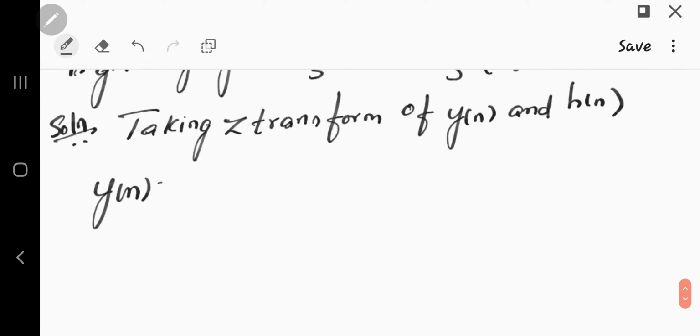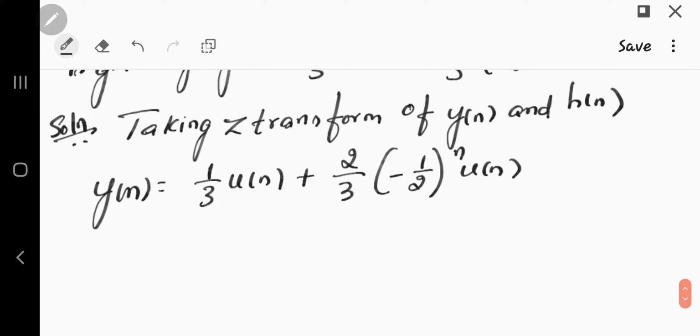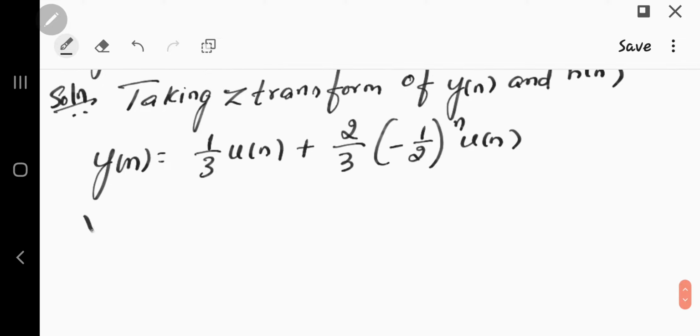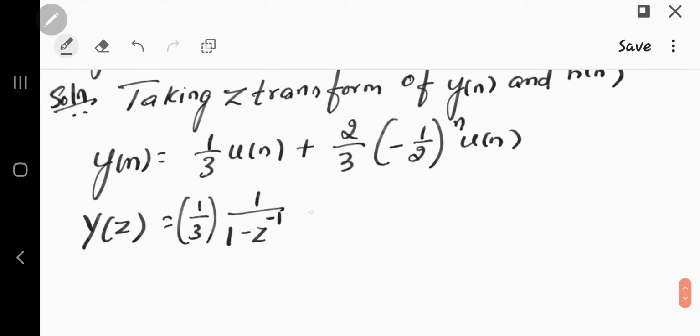So y of n is given as 1 by 3 u of n plus 2 by 3 into minus 1 by 2 to the power of n into u of n. If you take the z transform, you get y of z equal to 1 by 3, and the z transform of u of n is 1 divided by 1 minus z inverse, plus 2 by 3 as it is written.